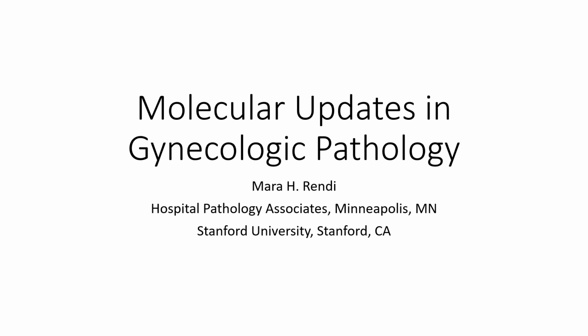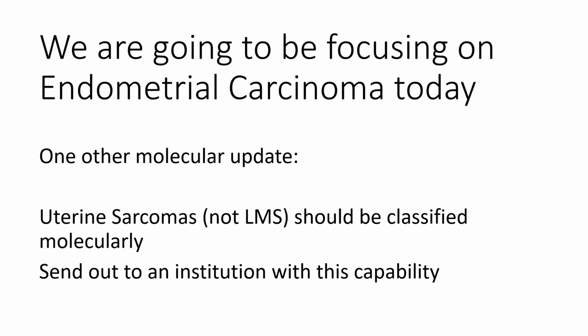Today we have to take a step back and look at the molecular classification of some of what's happening in GYN, mainly because pretty soon this is going to affect all of us. But I will talk about that in a second. Today, we're really going to focus on endometrial carcinoma, one, because it's super common, and two, because that's where the major big splash is recently.